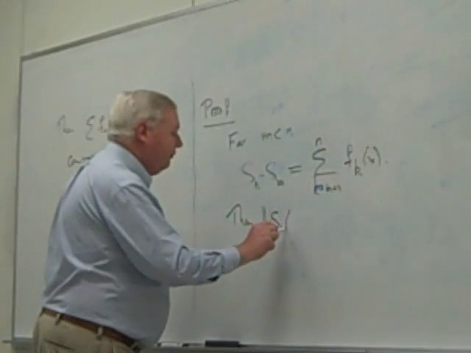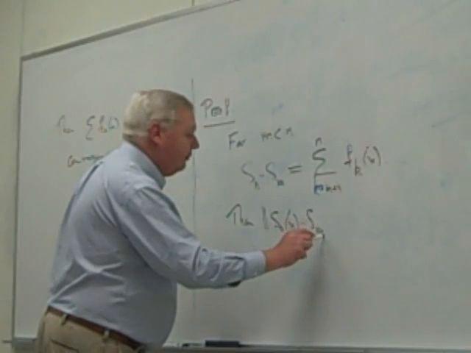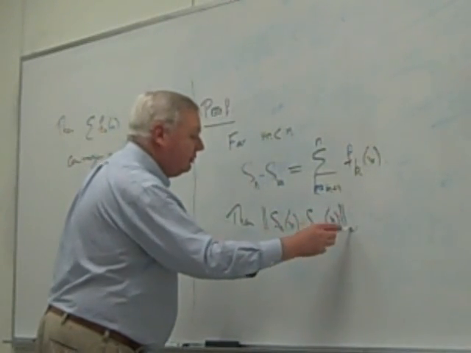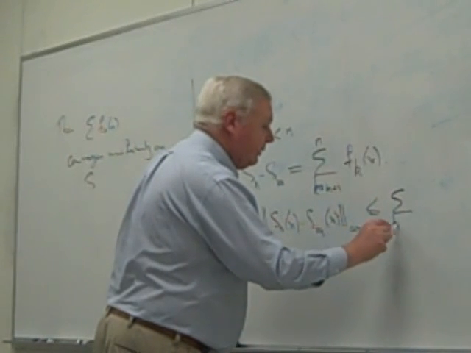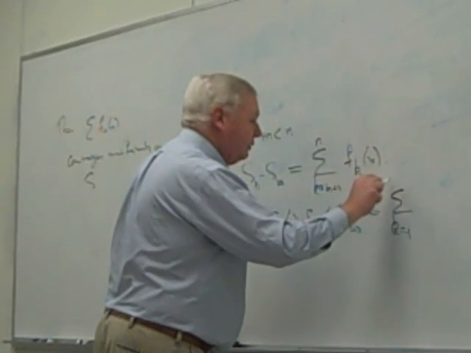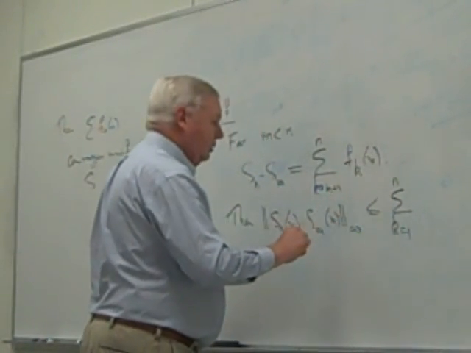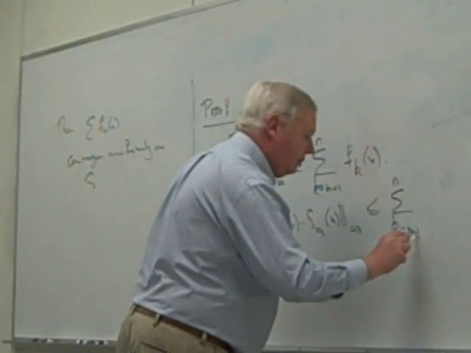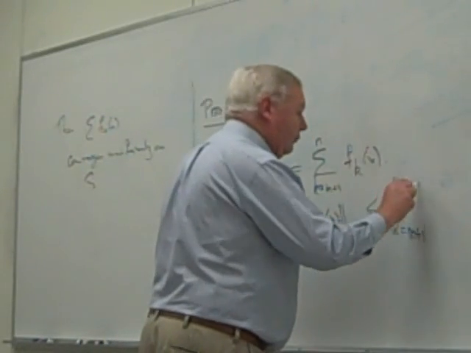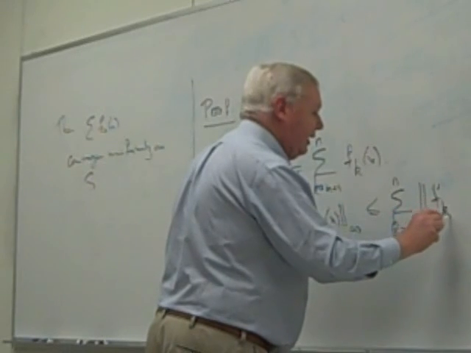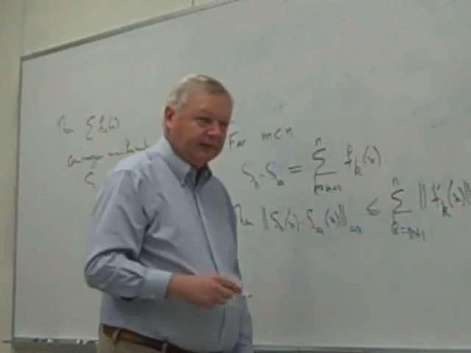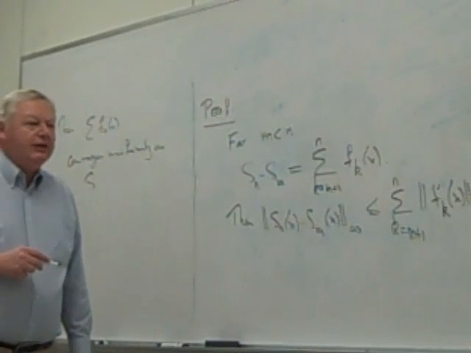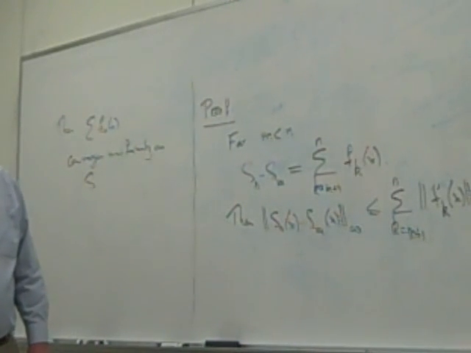The infinity norm of S_n of x minus S_m of x is bounded by the sum k equals m plus 1 to n of the infinity norms of the f_k's. But the hypothesis is that the infinity norm is bounded by these constants.